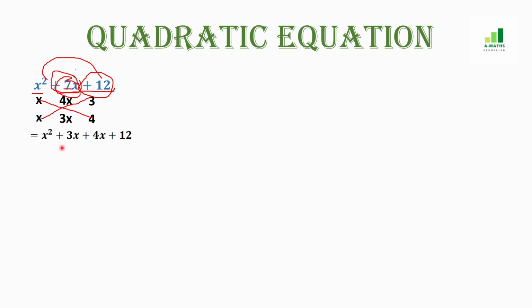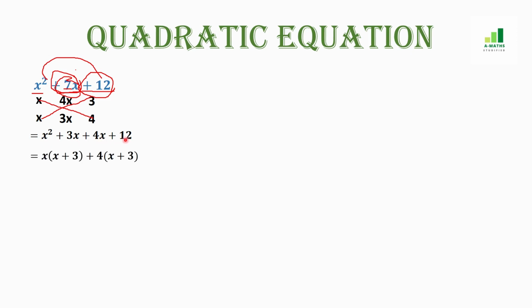You can see that when I multiply these 3 and 4, it will be equal to the product of these two values, which is 12. And when I add these two values, this will be equal to 7x. Now I will divide this equation into two groups. First is this one and second is this one.